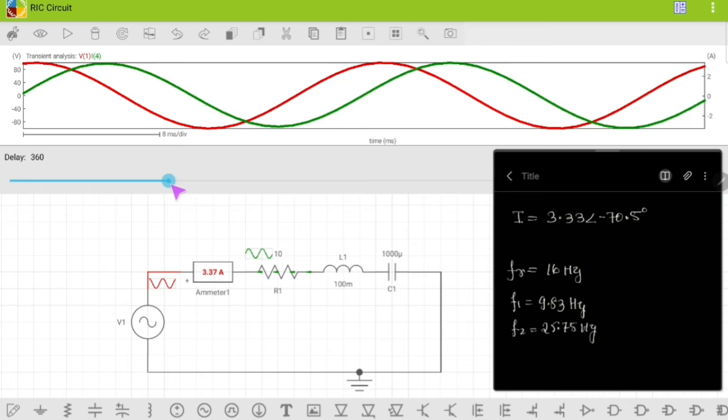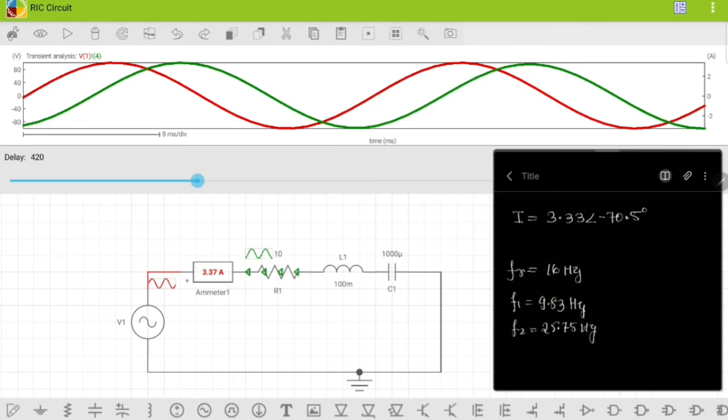So this graph represents your voltage and this graph represents your current. Now you can see here our current is lagging, right? This is 90, this is 180, and our current is lagging by 70.5 degree, right? This is voltage and this is current. So our current is lagging by minus 70 degree.